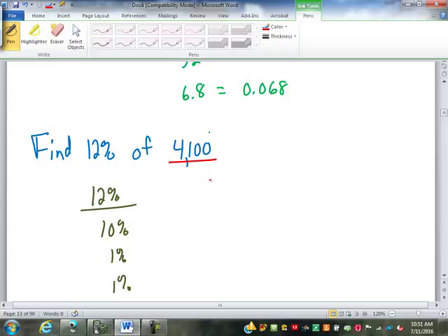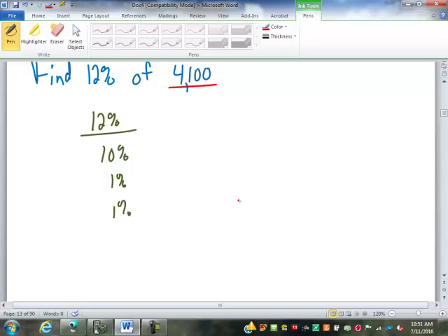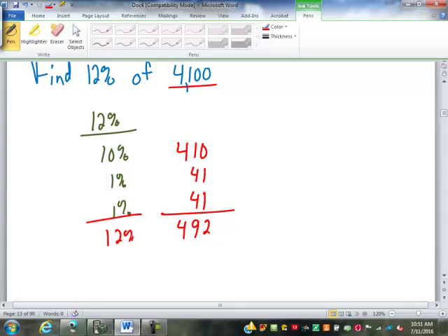What is 10% of 4,100? $410. 1% would be 41. And 41, of course. If I add that up, I get 492. 12% of 4,100 is 492.